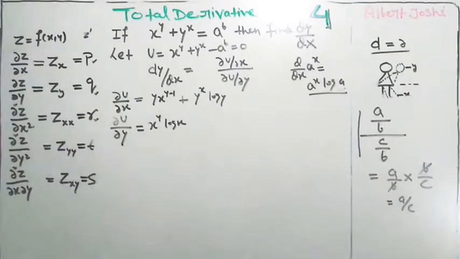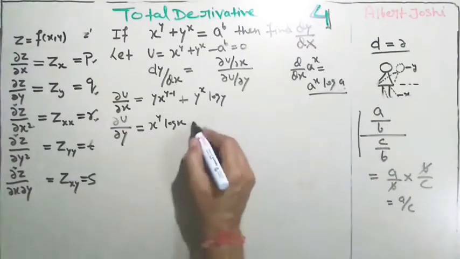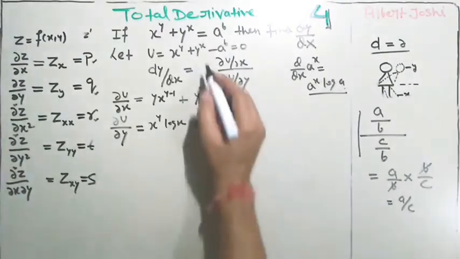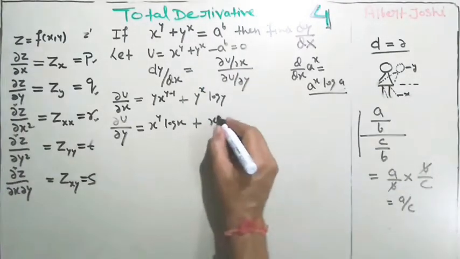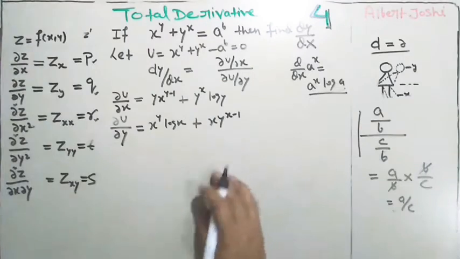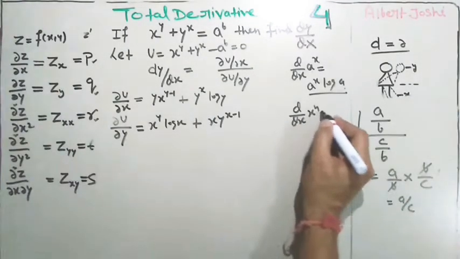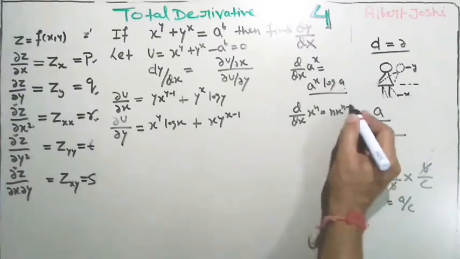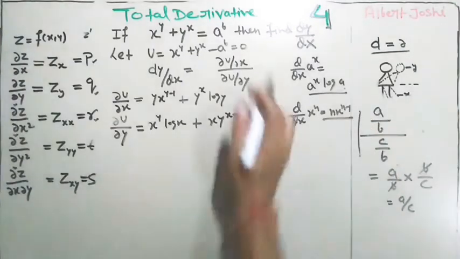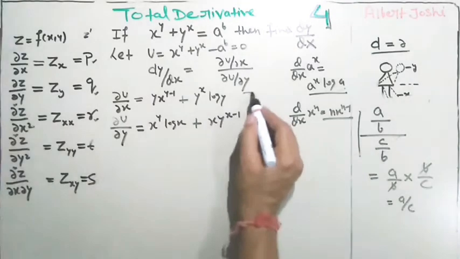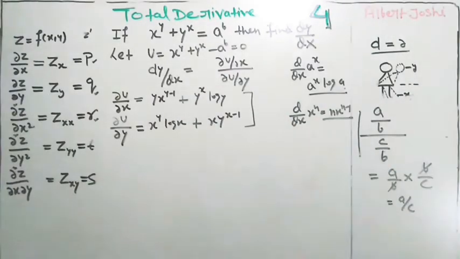Then differentiate y to the power x with respect to y, giving x y to the power x minus 1. We use the formula d upon dx of x to the power n is equal to n x to the power n minus 1, and this is the constant 0. Then you have to divide, and you will get the answer.